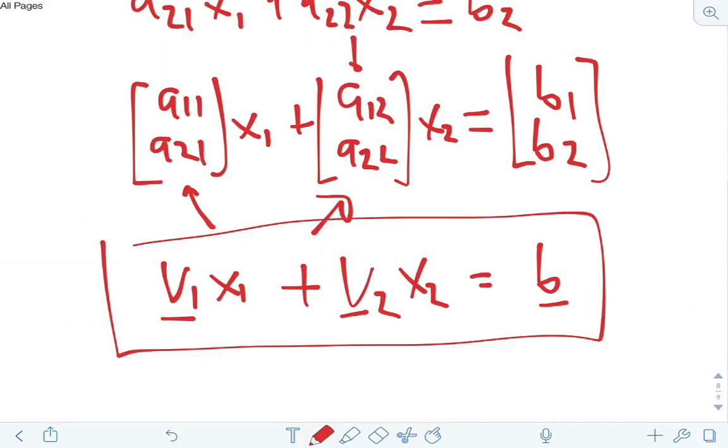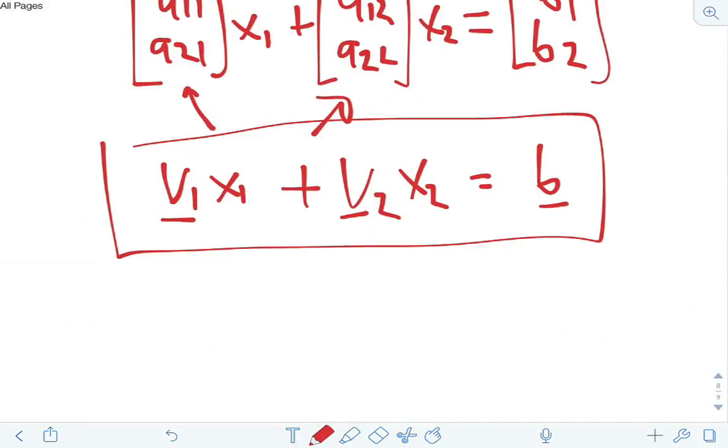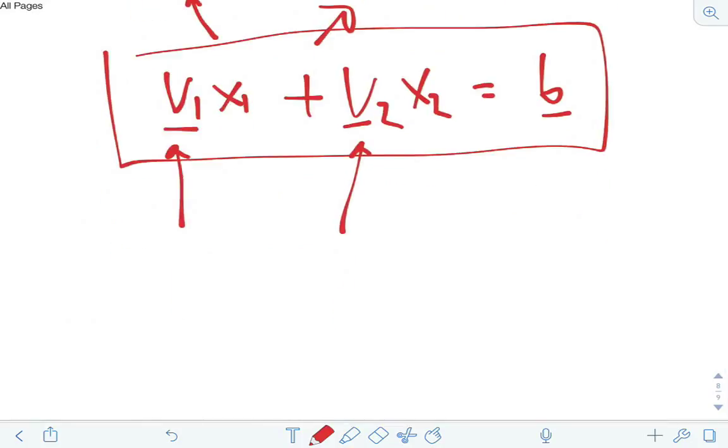Again, the x's are unknowns and they are scalars. And what this equation says is I'm going to add together two vectors, but they are scalar multiples of these vectors. I have x1, a scalar, times v1, plus x2 times v2 equals b. So I'm adding these two vectors together. Remember, a scalar times a vector is a vector.